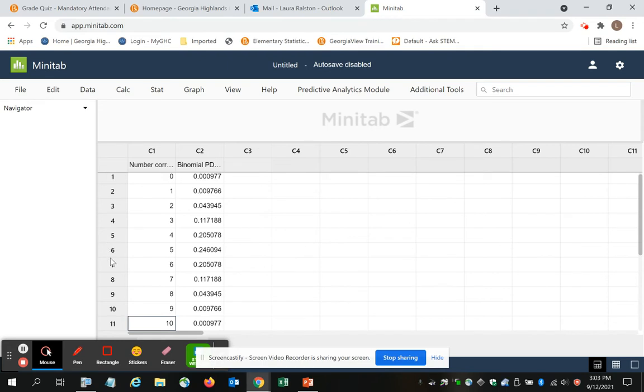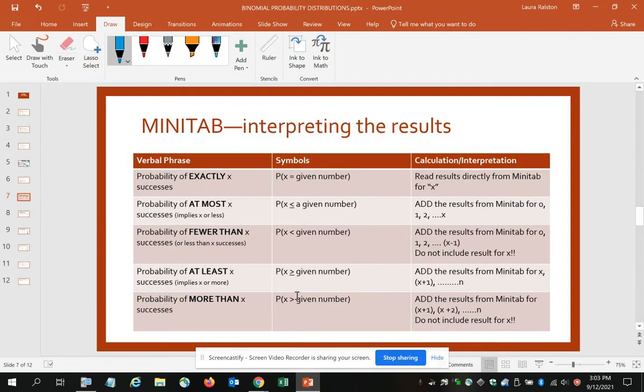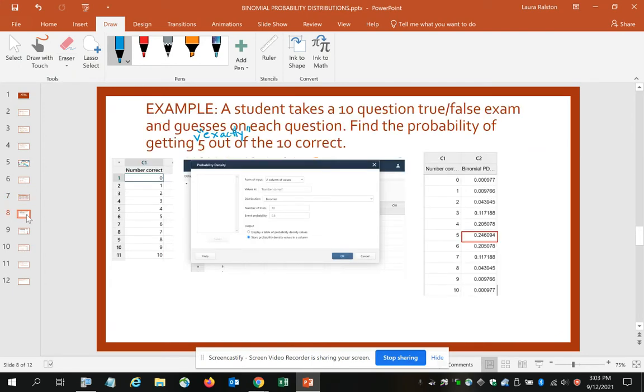The probability that 5 are correct is 0.2460094. If we're doing exactly, it's a direct read from the printout. You don't have to do any kind of addition or change anything. You may need to round depending upon the instructions. So the answer here is 0.2460094.